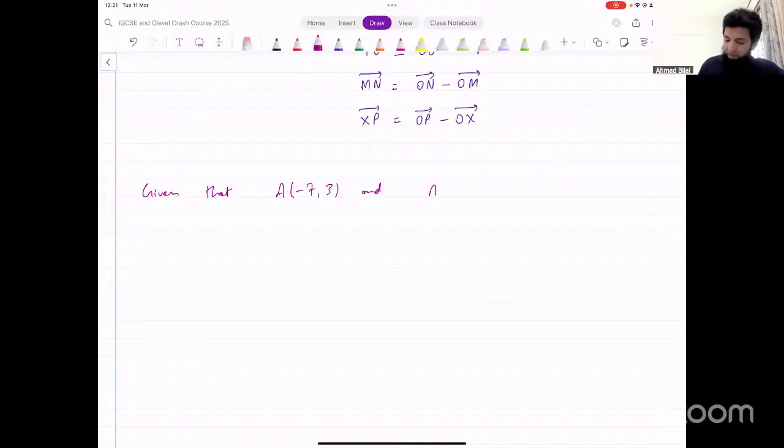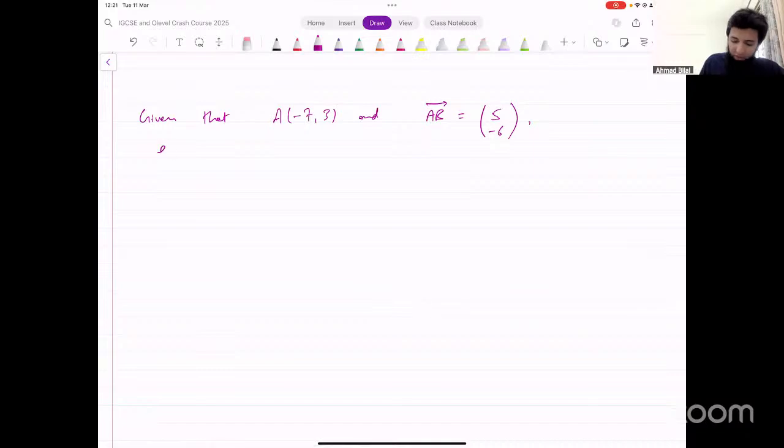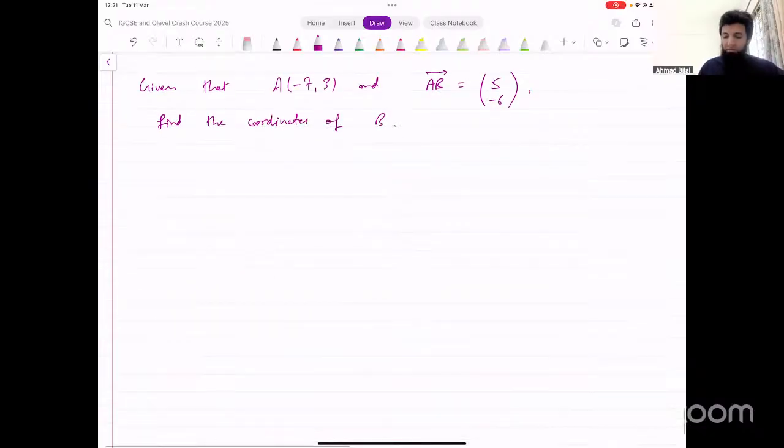And there's a vector AB, which is 5 and -6. We need to find the coordinates of the point B. Now, given this information, how can you find the coordinates of the point B? That's the problem. Okay.